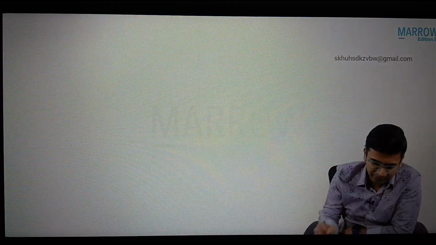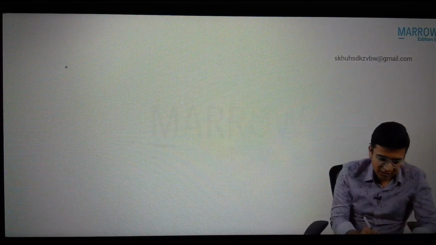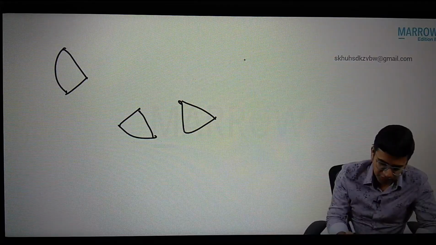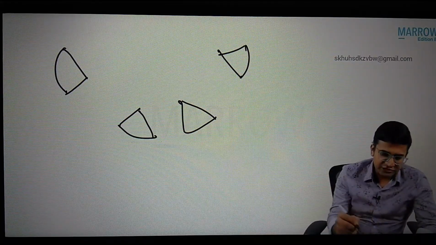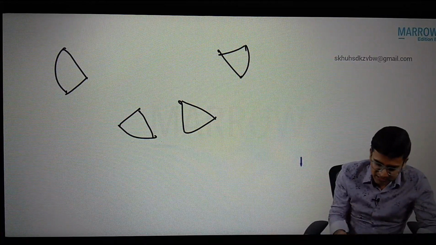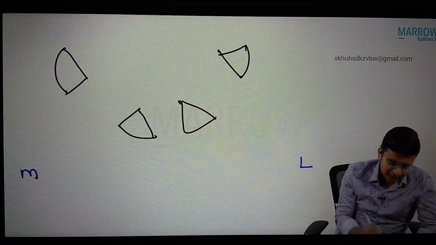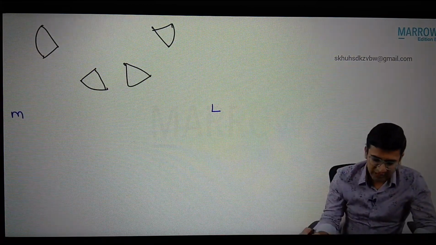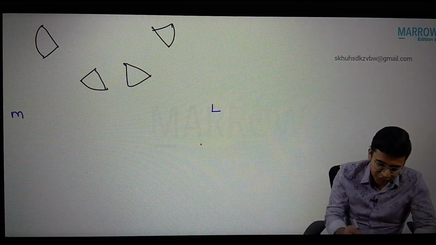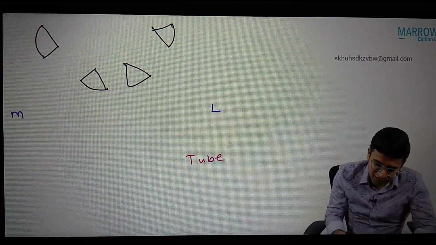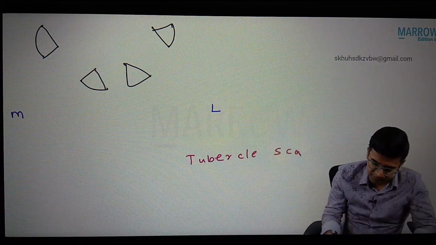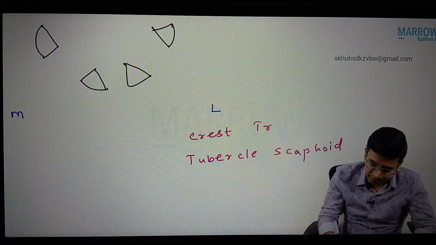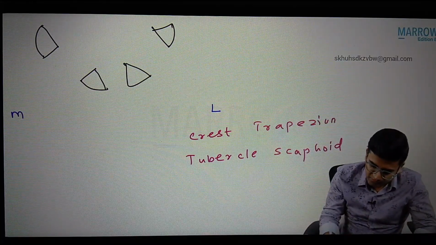Now we draw one line diagram. Now we're going to draw the carpal bones. So we are assuming this is lateral side and this is medial side, okay? So laterally, the flexor retinaculum attaches to the tubercle of the scaphoid bone and crest of trapezium in the distal row.